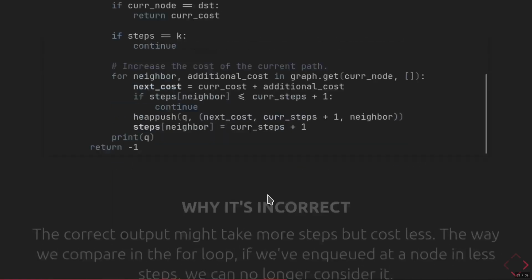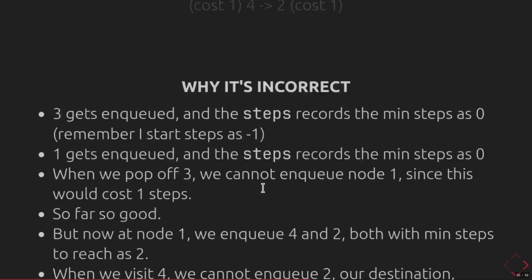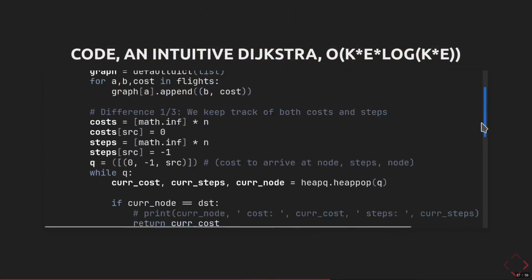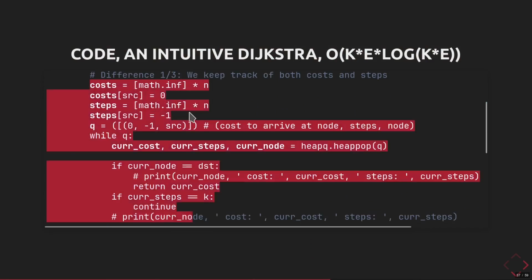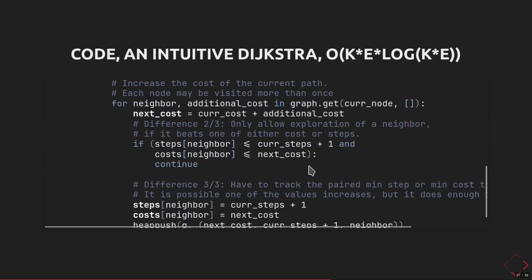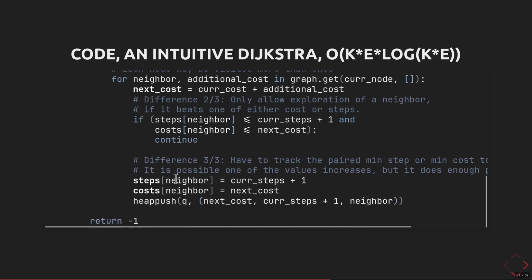There's another way to write that into our code, and I'm going to show you the following way. You can either zip this up as an array of tuples, or you can simply use 2 different arrays. I keep both the min cost and the min steps, and if one of those things is better than the best seen, then we allow ourselves to consider that possibility further, okay?